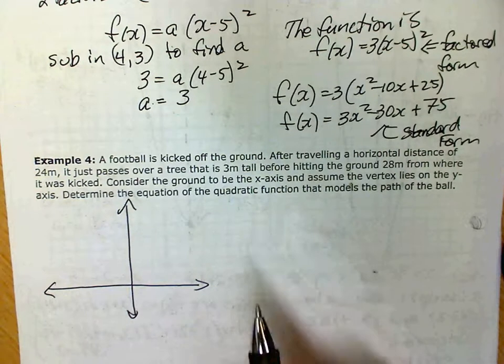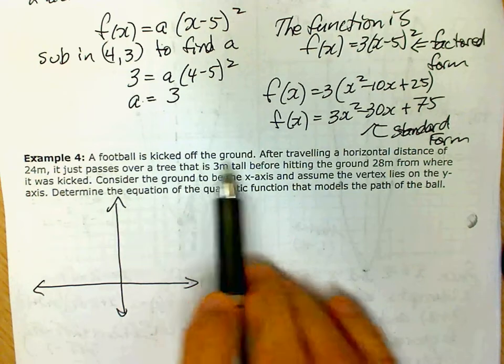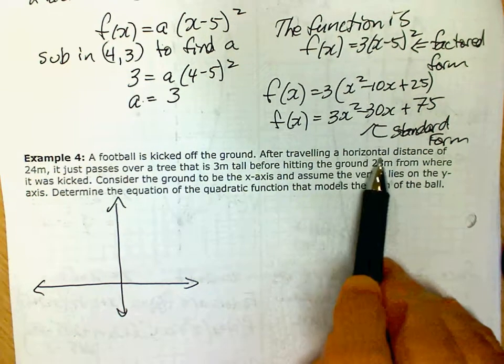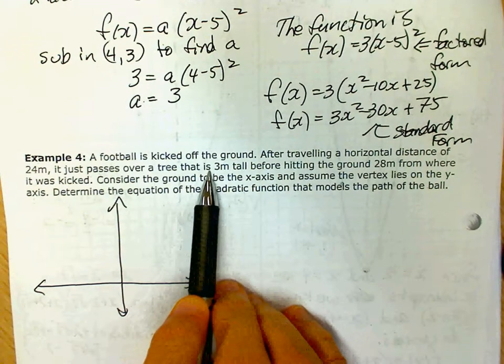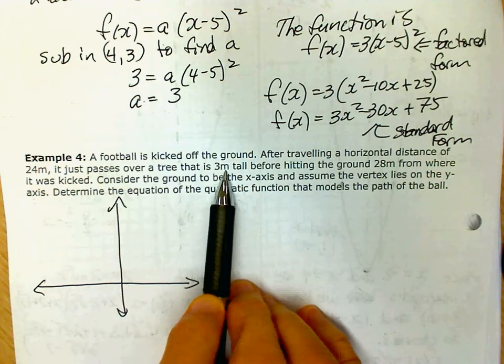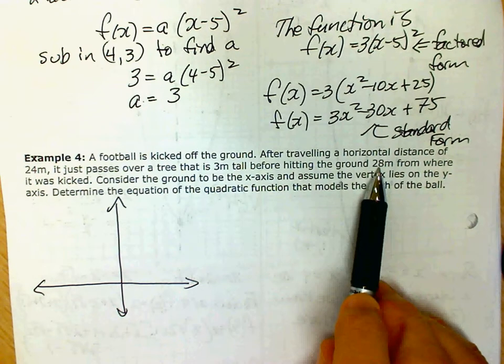Okay. A football is kicked off the ground. After traveling a horizontal distance of 24 meters, it just passes over a tree that's 3 meters tall before hitting the ground 28 meters from where the ball is kicked.